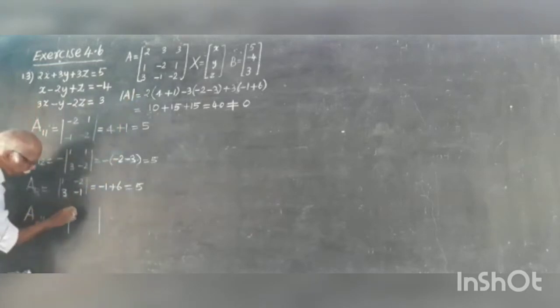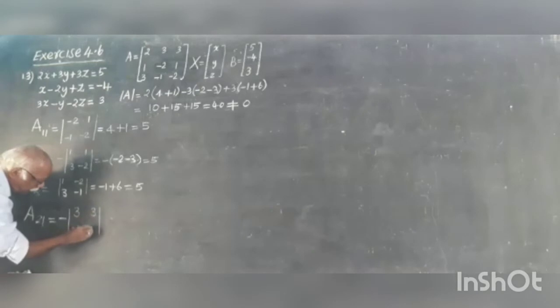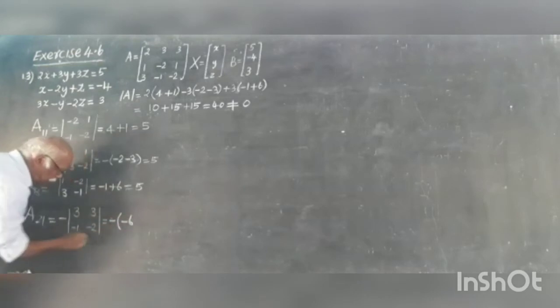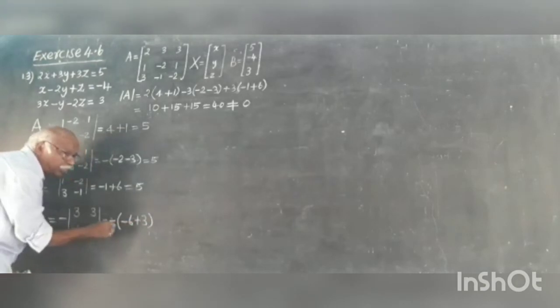Then A21, 3, minus 1, minus 2, is equal to minus of 3 into minus 2, minus 6, minus 1 into 3, plus 3. So minus 3 minus 2 minus 3, minus 3 into 1, plus 3 plus 3.